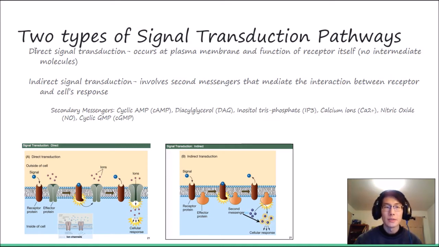So it's basically, are you activating some result directly within the cell membrane itself, or do you require some kind of messenger intermediate that results in a response later on down the line through mediation and transduction of various intermediate proteins? That's the big difference between direct and indirect.